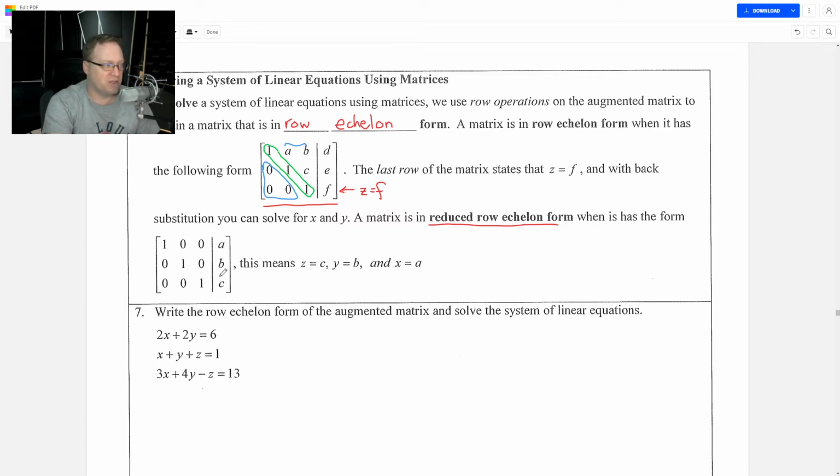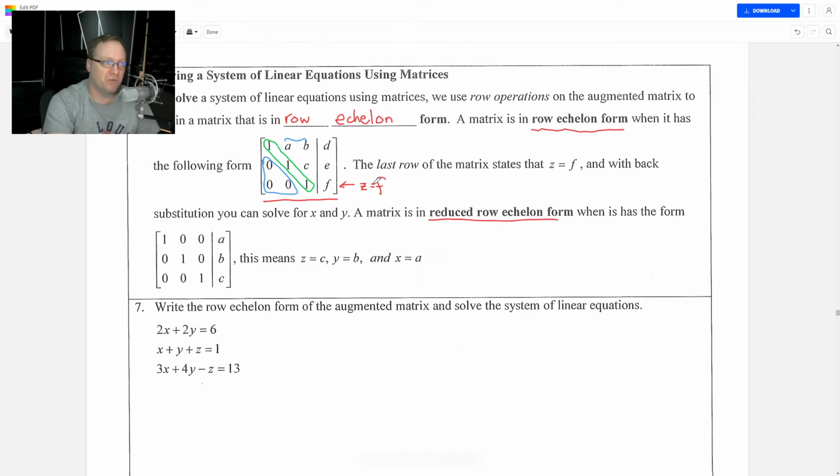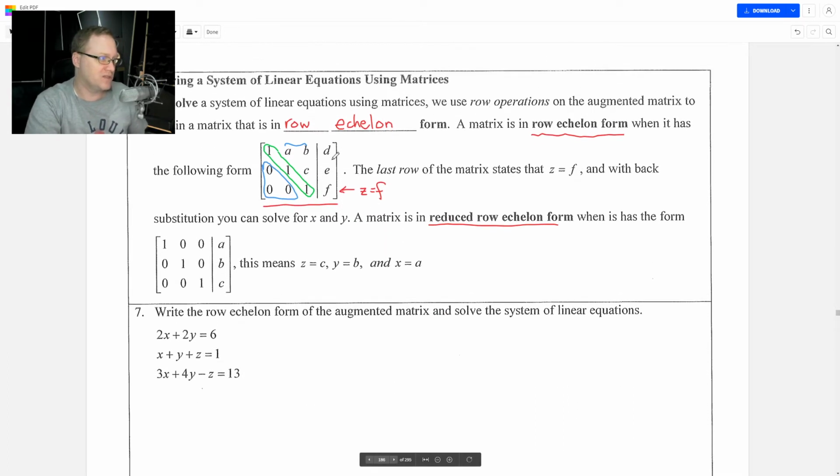And then on this side, we just have some constants. So what does this mean? This means x equals A, y equals B, and z equals C. Now, don't worry about this one for now. Right now, we're going to be trying to get our matrices to look like row echelon form. This one right here.